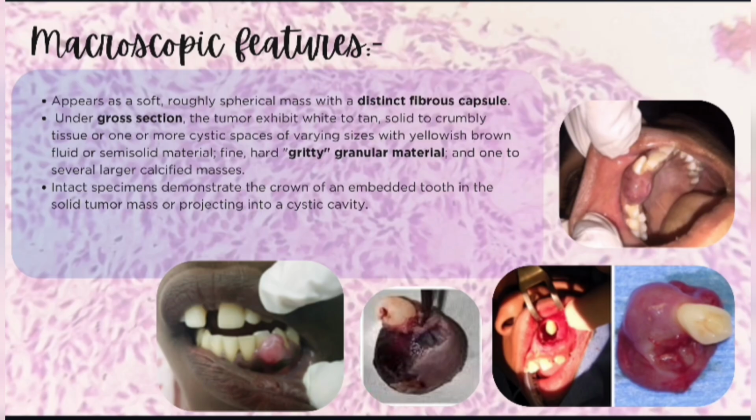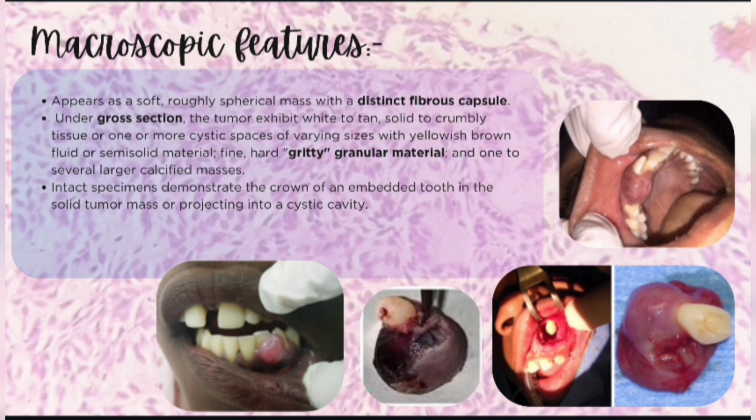The macroscopic features include: it appears as a soft, roughly spherical mass with a distinct fibrous capsule. Basically, when you palpate it, it is soft, roughly spherical in shape, and has a distinct fibrous capsule.